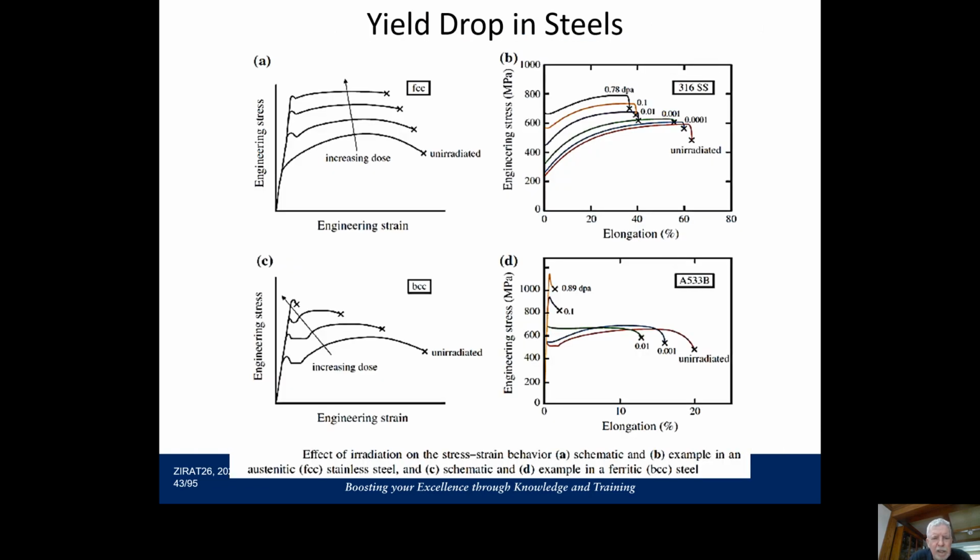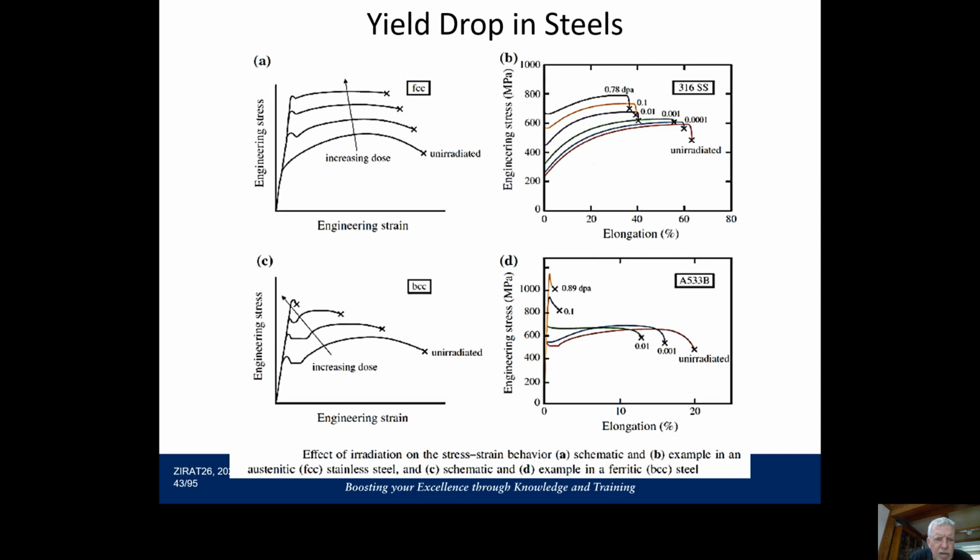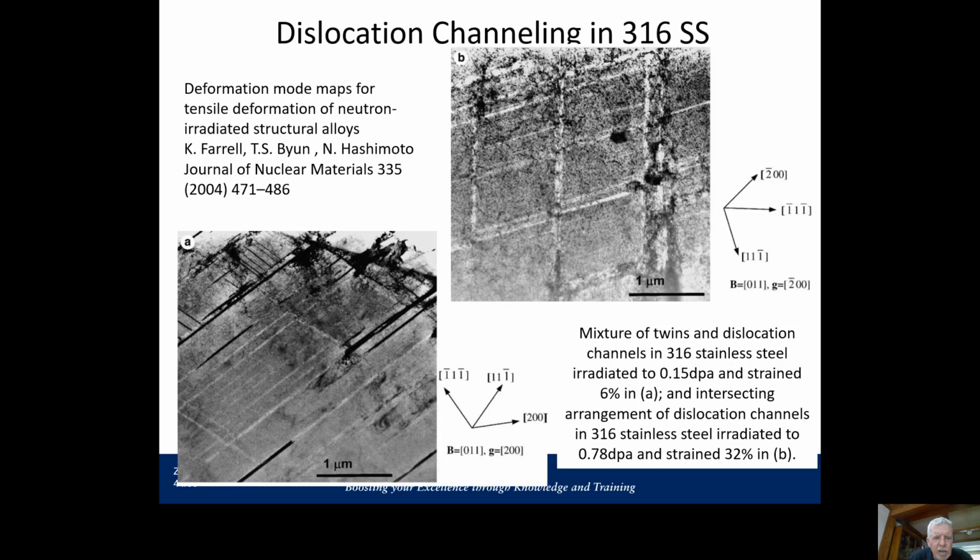So how is this hardening effect manifested in a stress-strain curve? I showed you these earlier, and here are the actual curves that these were generated from. And what is it physically? Well, I mentioned previously that we have this load drop that occurs when the material yields. What's happening there is that you're applying a stress, increasing the stress, and eventually the material will give.